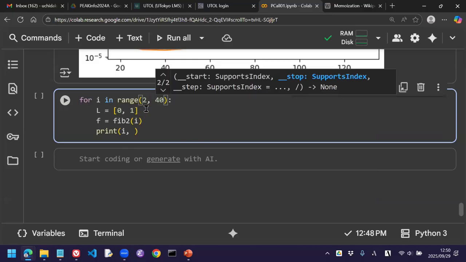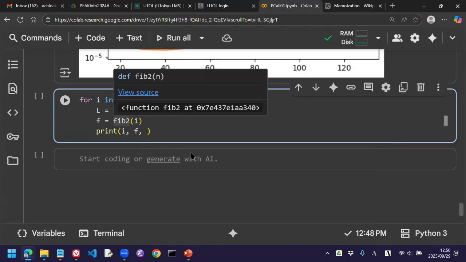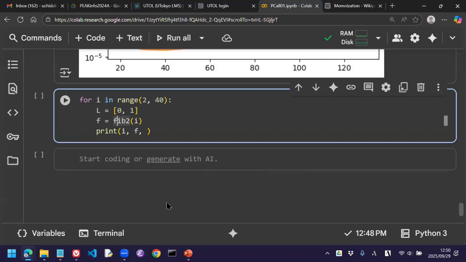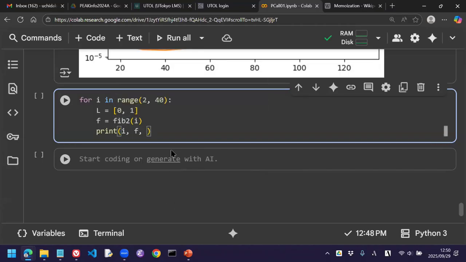Okay, we might want to start with 2, and each time calculate fib of i, and then print the F value, and also fib2 of i.